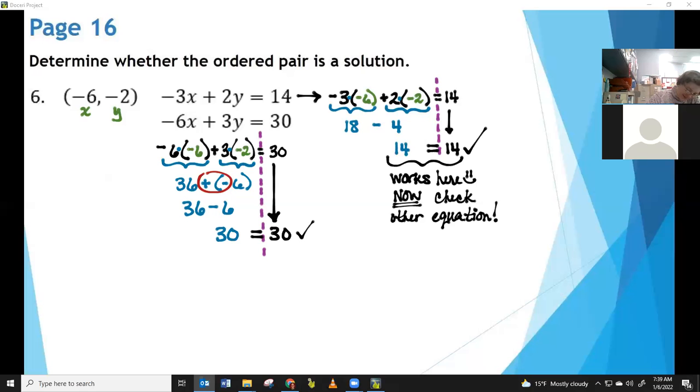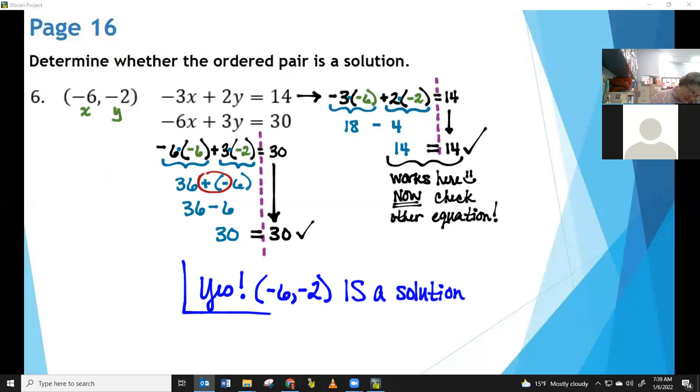Yes, this is a solution. -6, -2 is a solution. All right, nice work so far.